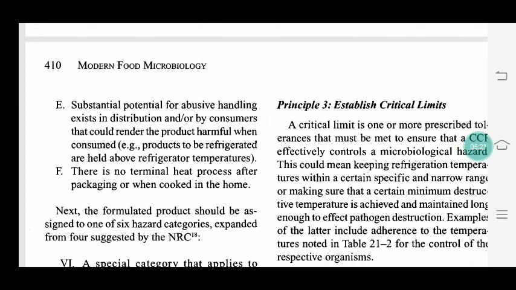substantial potential for abusive handling exists in distribution or by the consumer that could render the product harmful when consumed. So the product to be refrigerated is held above refrigerator temperature. So it's the category of handling: whichever type of handling you are doing, if there are chances of any hazardous or contamination condition, it is categorized in the E category. Then F, there is no terminal heat process after packaging or when cooked in the home.